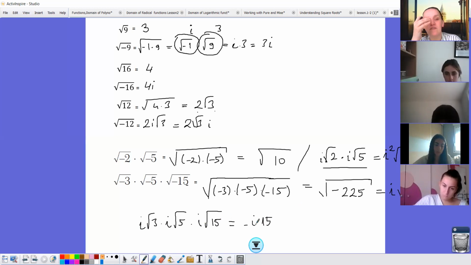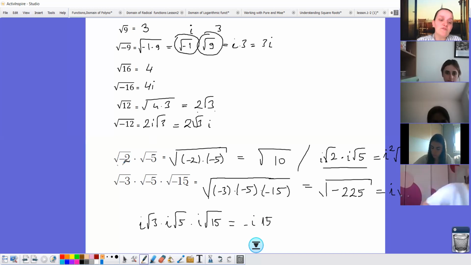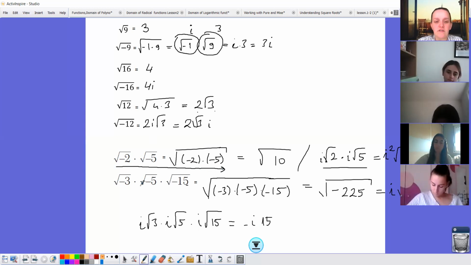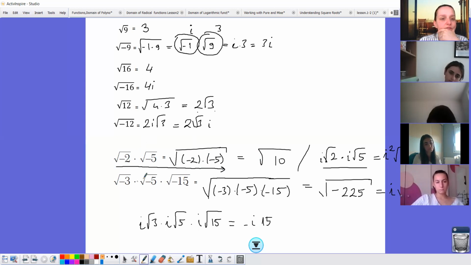So I will check where my mistake is, which part I am missing here. Or maybe we cannot use this property because they are negative numbers. I will check this and inform you next lesson. Because we are combining them together and we have different results. So maybe this property doesn't work because they are negative numbers, but I'm not sure for now.